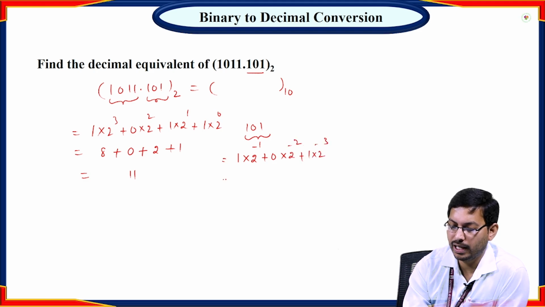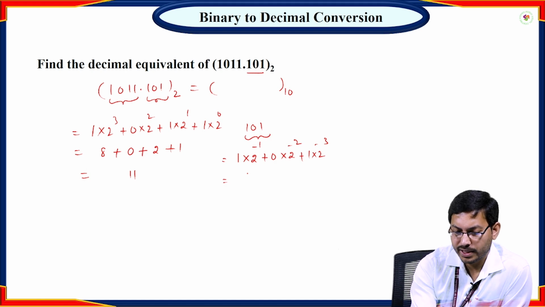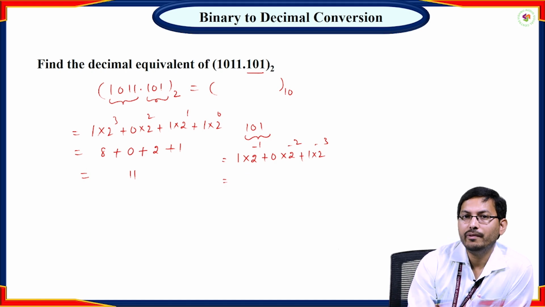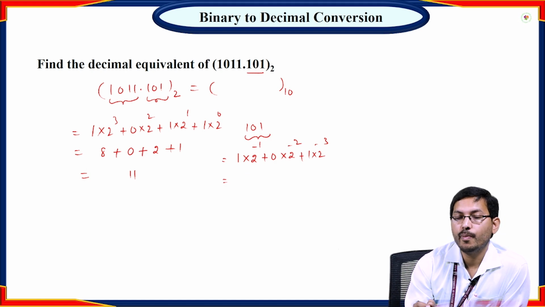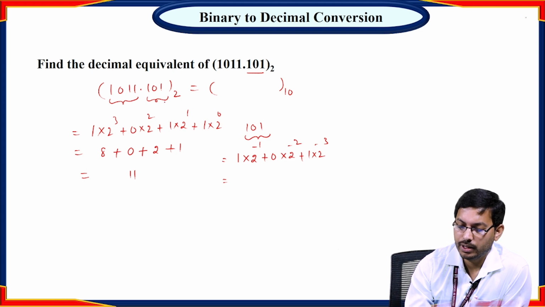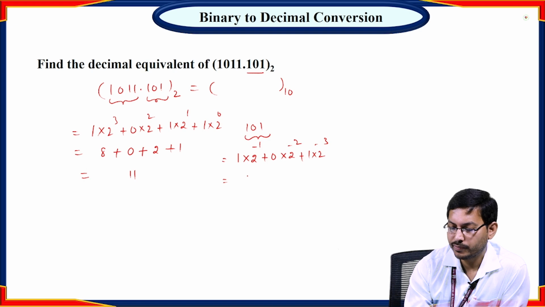After this point, we multiply with 2 power minus 1, minus 2, minus 3, and so on up to 2 power minus n. If you take 101, 1 into 2 power minus 1 means 1 by 2, plus 0, plus 1 by 8.